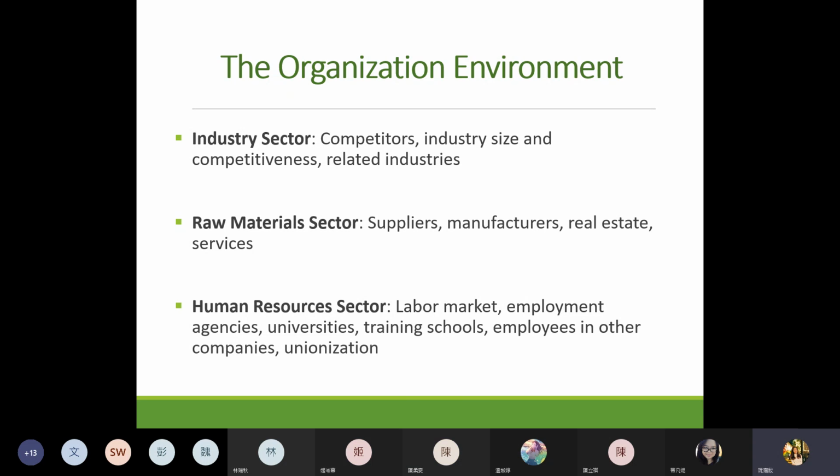So again, it's the decision of the organization. It's not coming from the impact of the environment. Okay.